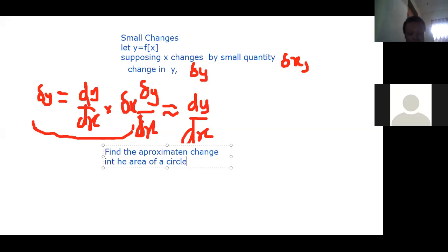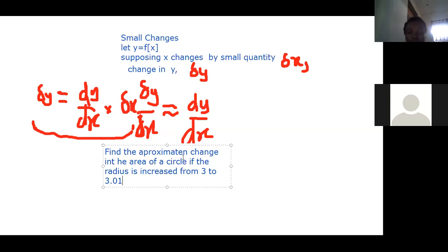So a circle, if the radius is increased from 3 to 3.01, the change will be the difference between the 3.01 and the 3. I hope I made myself clear.